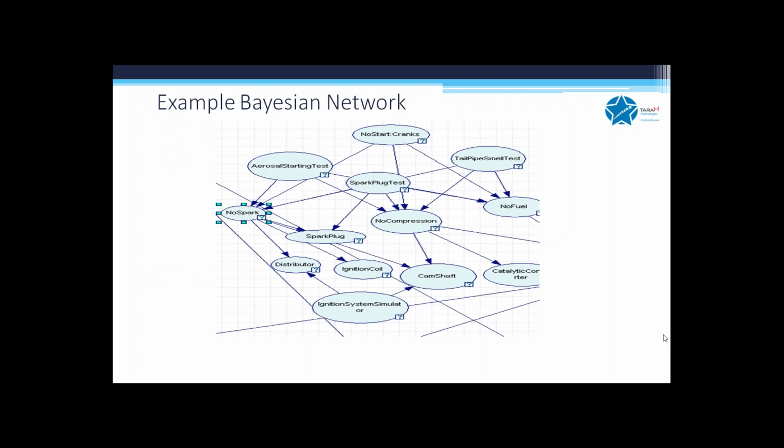Let's take an example of how this is useful, in diagnosis of some fault which has happened in your car. This is a classical Bayesian network diagram. You start with, is there a crank?